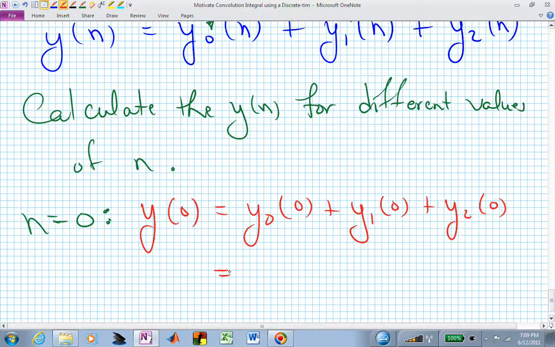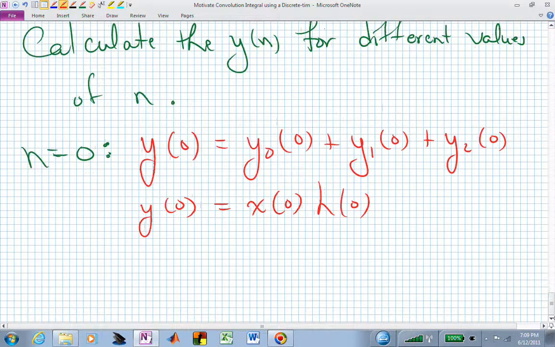But if we go back and look at what that is, we'll actually see that there's only one non-zero piece associated with the total response at time n equals 0, and that is x of 0, h of 0, which comes from the first component, y sub 0 of 0, and that's equal to 1.